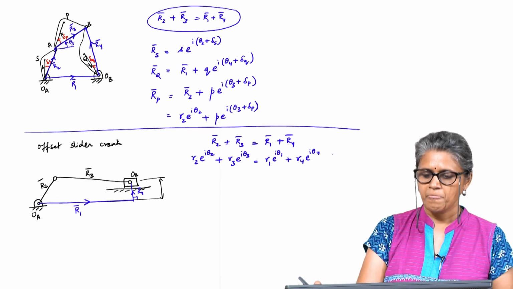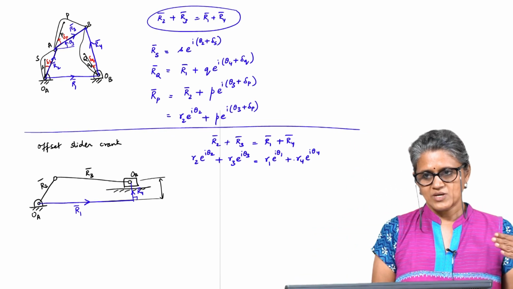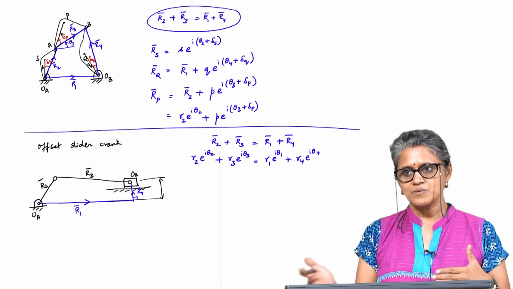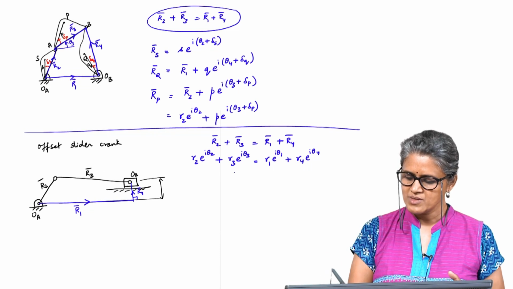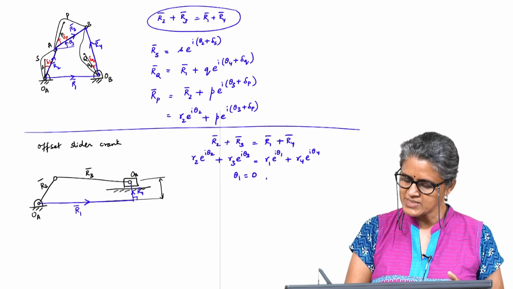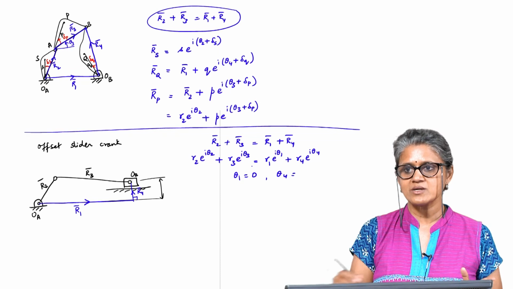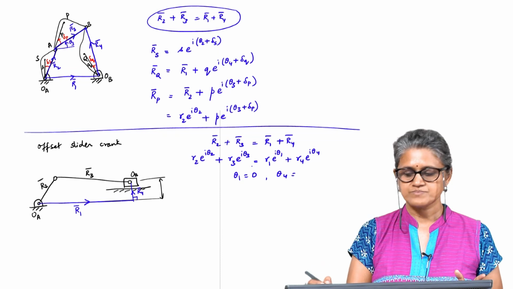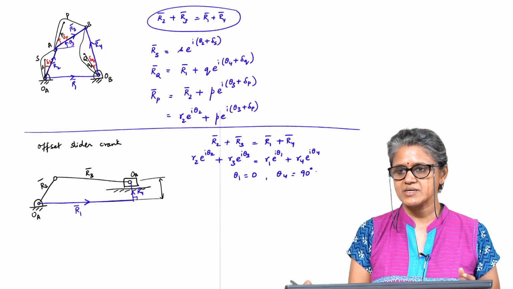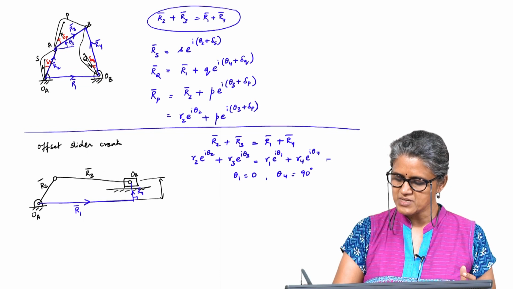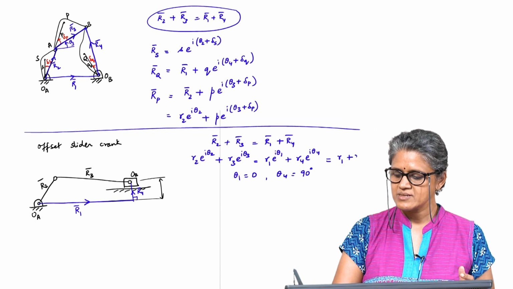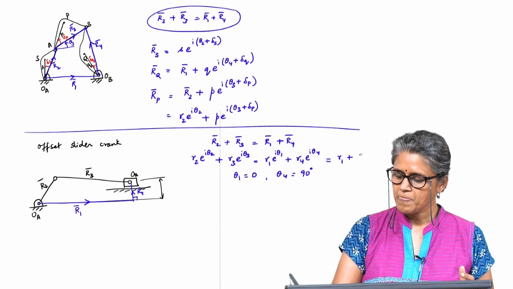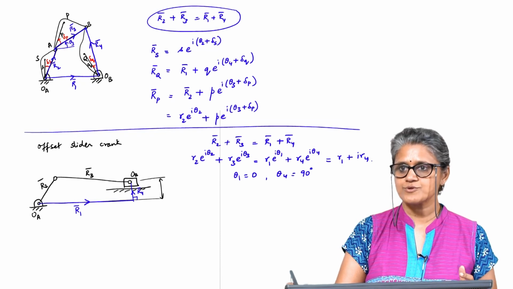Now, theta 1, I can always choose my axis such that theta 1 is 0, right. I choose it parallel to the path. So, theta 1 equal to 0 and theta 4 I always choose it perpendicular to that path. So, theta 4 is 90 degrees. So, this just becomes R1 plus i R4.